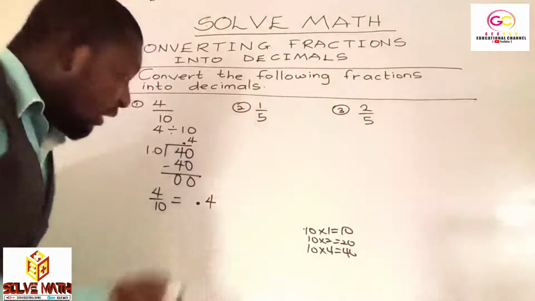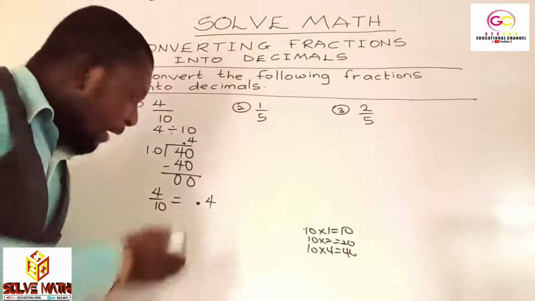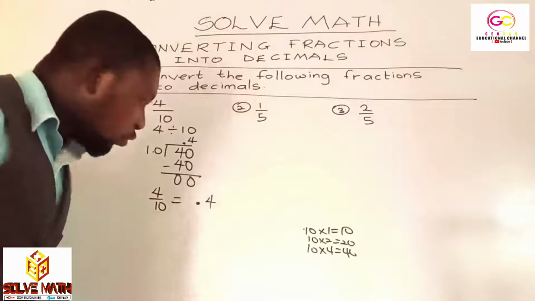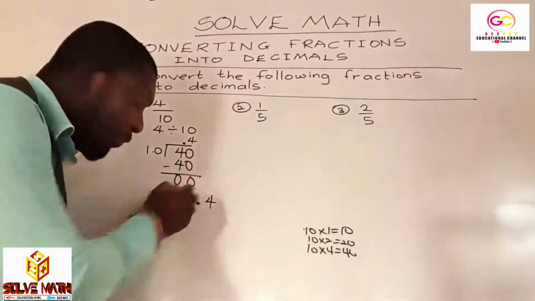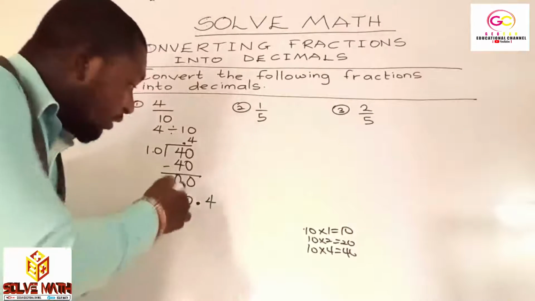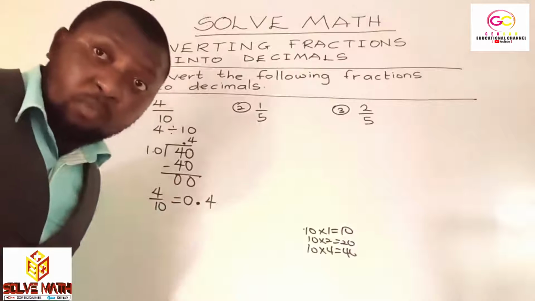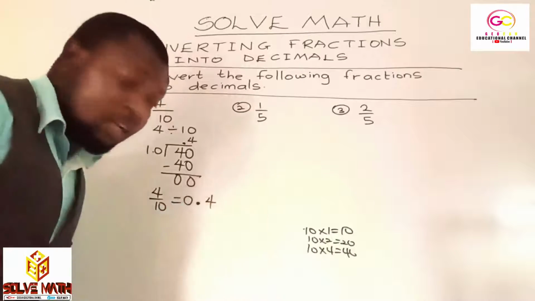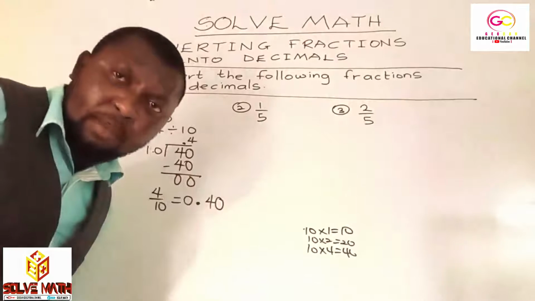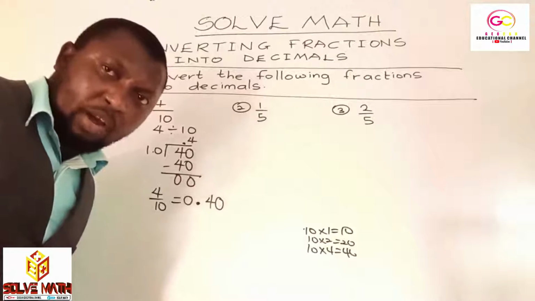But in math, if you leave it as 0.4, one may not see the point over there. So math has given you the power also to introduce a 0 here, so you have 0.4. If it is two digits, you can write 0.4 and introduce another 0 here. Good. I believe you got that one.